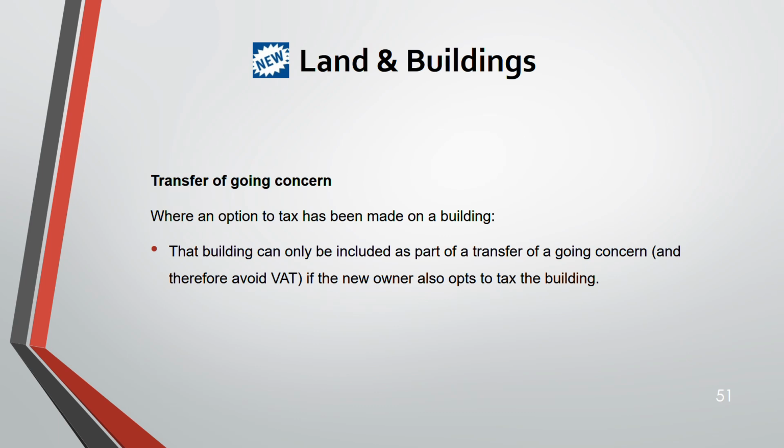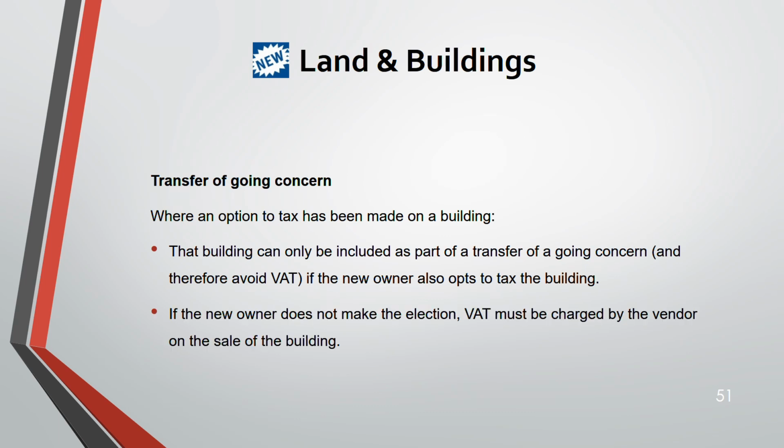Therefore, you are avoiding VAT. Okay. So when the old owner is transferring this to the new owner, VAT is avoided on the old owner, the one who is selling the building. He does not have to pay VAT if the new owner also opts to tax the building. So if the new owner does not make the election, VAT must be charged by the vendor on the sale of the building. Then the old owner has to pay the VAT.